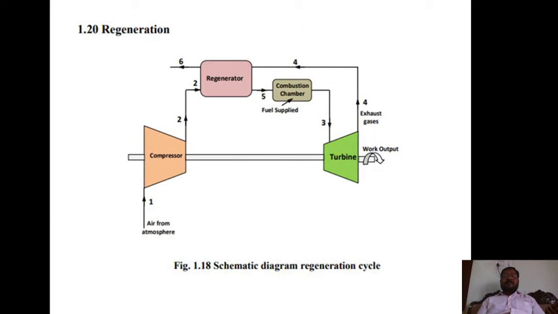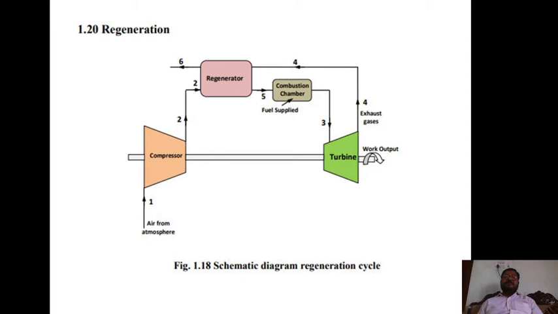Let us discuss one by one the methods of improving this thermal efficiency. That is regeneration, as I said first. Here you can observe the open cycle. This one is the compressor. The compressor and the turbine are both coupled to a single shaft.